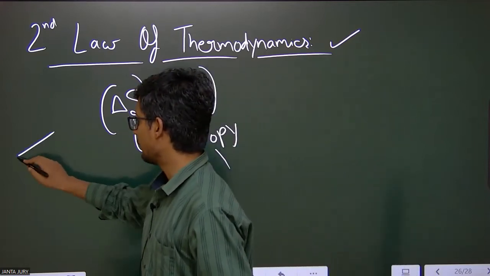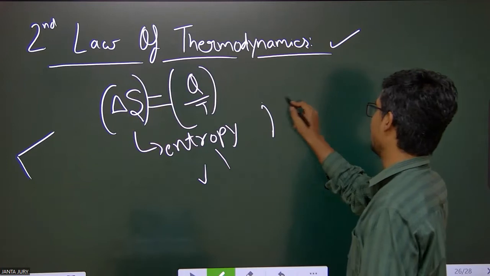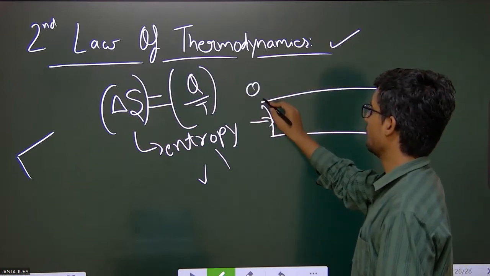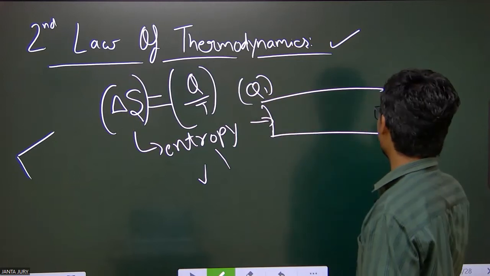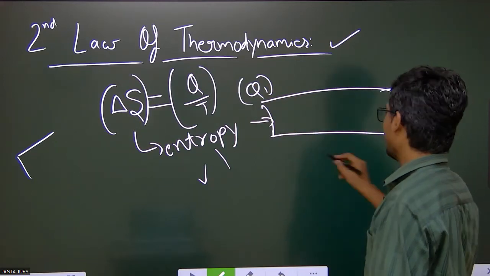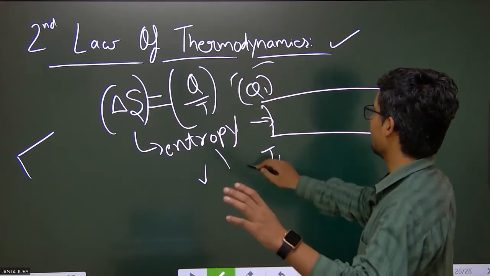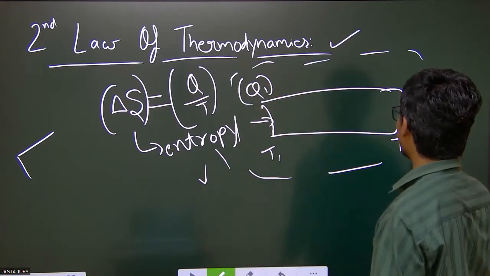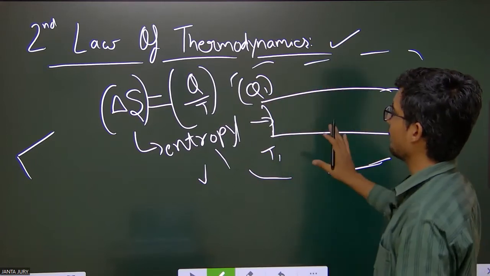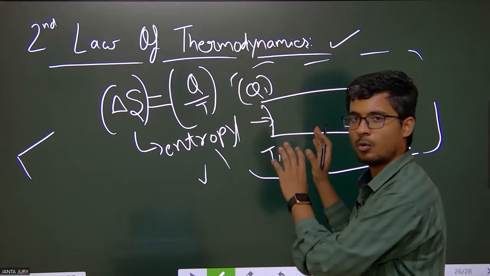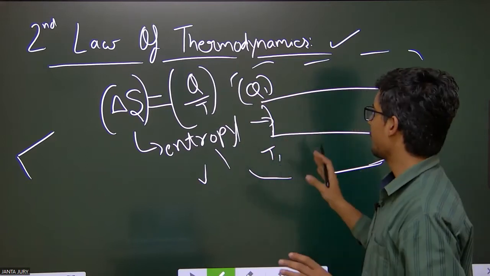First, take the example of a rod. It's a heated rod. It is heated from this end, Q1 is the energy supplied on this end, and T1 is the temperature on this side. Now the first law will state that if this rod is an isolated system, then the energy of the system will remain the same. This rod would remain in a heated state throughout its life.